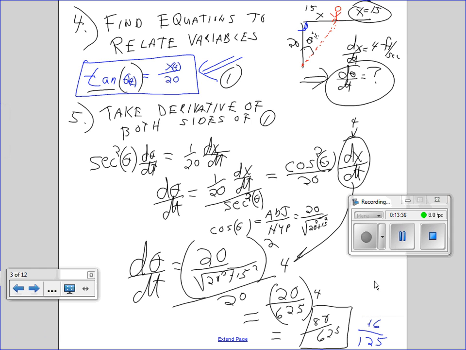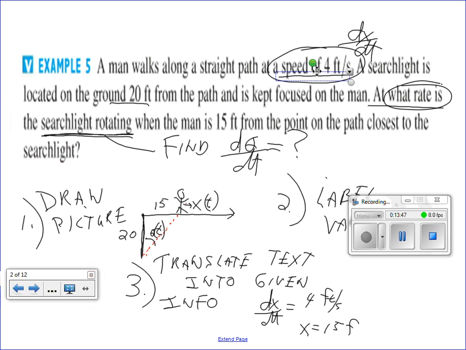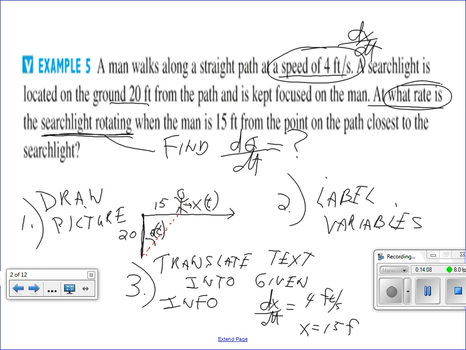So again, remember what this process is. We're going to have to just work more problems. Related rates, meaning you're going to get a word problem. It's going to give you a known rate. The known rate here was 4 feet per second. And they're interested in another rate, the searchlight rotating rate, d theta/dt. So you get a word problem, you draw a picture. First guy who gets a good picture wins. Second thing, you label your variables.